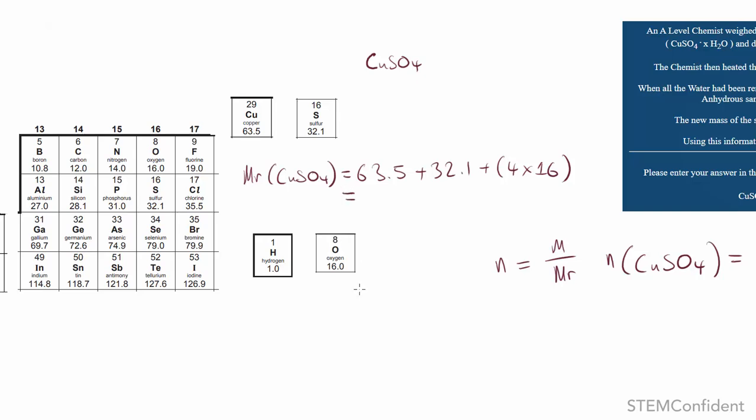And so that would give us a value of 159.6, okay? And this would be in units of grams per mole.